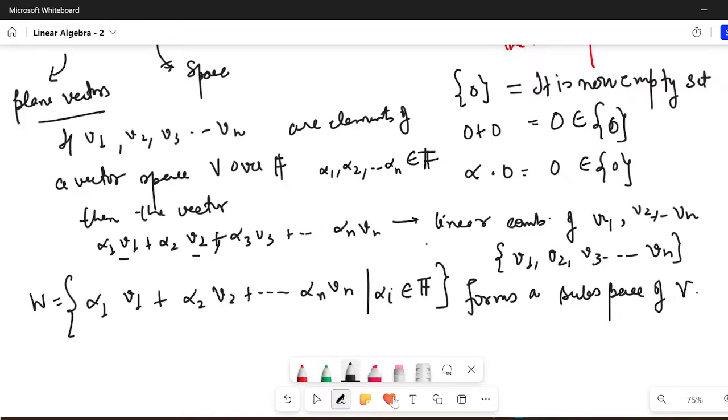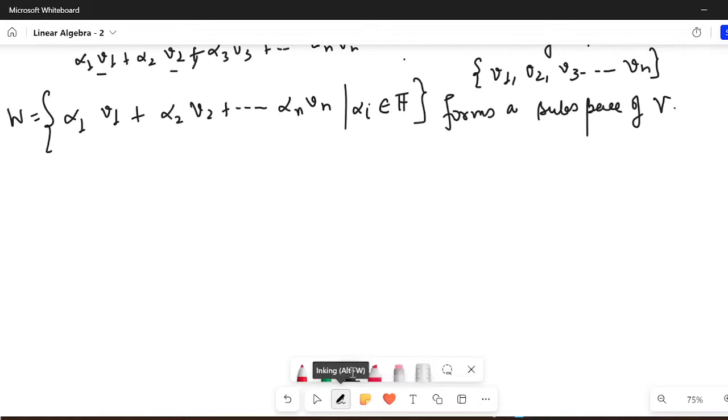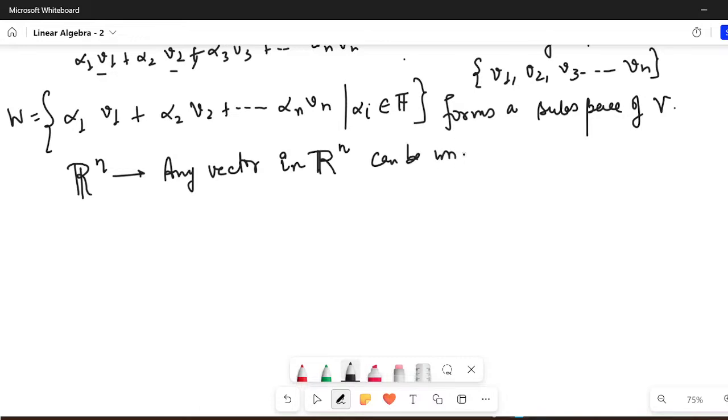Okay. Further, if you think, let's say, if I'm talking of R cube and R square, and if I generalize this statement to Rn, I know that any vector in Rn can be written as a linear combination of E1 cap, E2 cap, up to En cap.